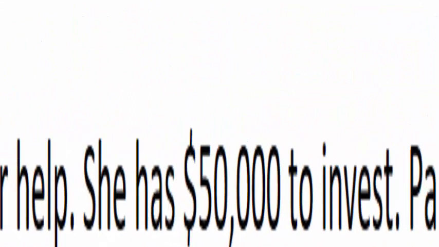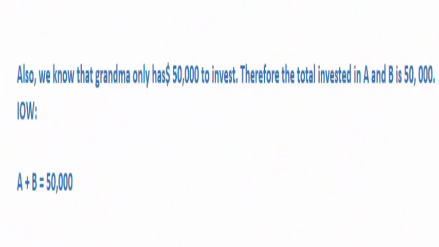She has $50,000. So A plus B is going to give us $50,000. The amount she invests at 15% plus the amount she invests at 7% equals $50,000. So we can say that with another equation. A plus B equals $50,000.